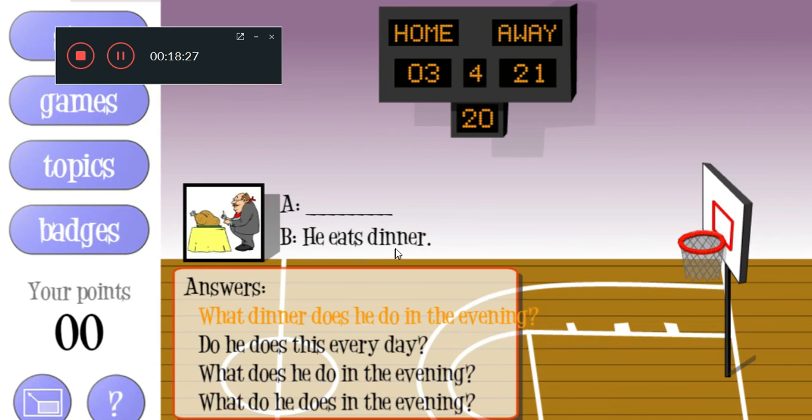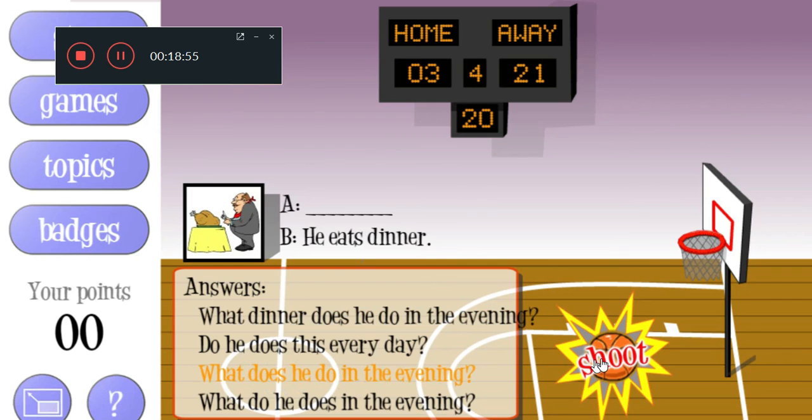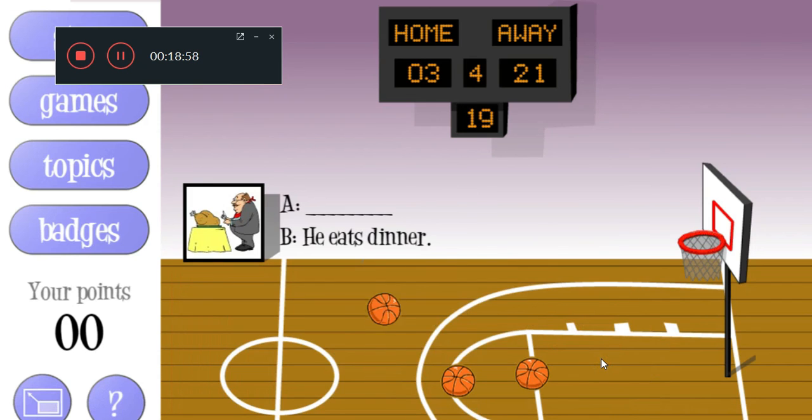In this case, the answer is he eats dinner. That means that he's giving me information. So the correct structure will be this one. What does, this is an auxiliary, he do in the evening? Nice shot.